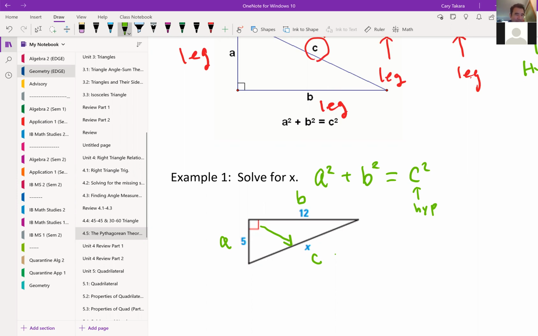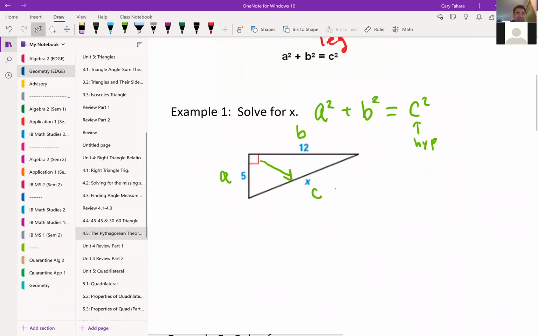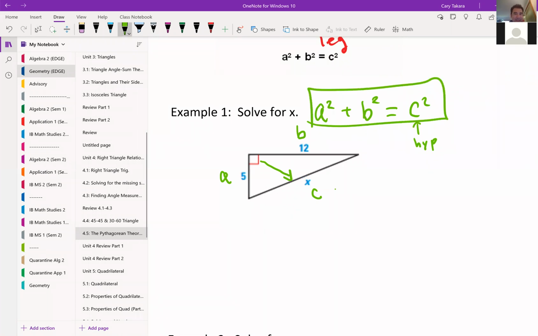Could you have named 12 as A and 5 as B? The answer is yes, you can. It doesn't really matter which one is A and B, as long as you're naming the hypotenuse as C. Now let's set it up. The formula says A squared plus B squared equals C squared.